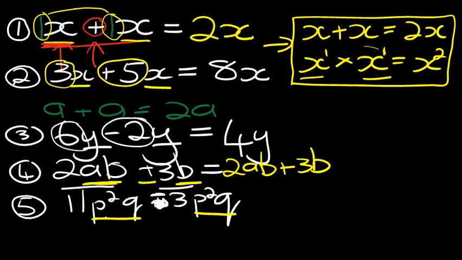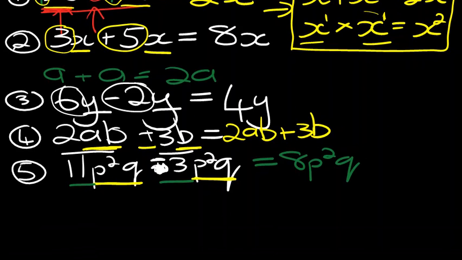You have p squared q and p squared q. They are exactly the same, so we can add these terms because they are like terms. So let's look at that. What is the answer? Well, 11 minus 3 is 8, and it's p squared q. Okay, so that's easy enough.